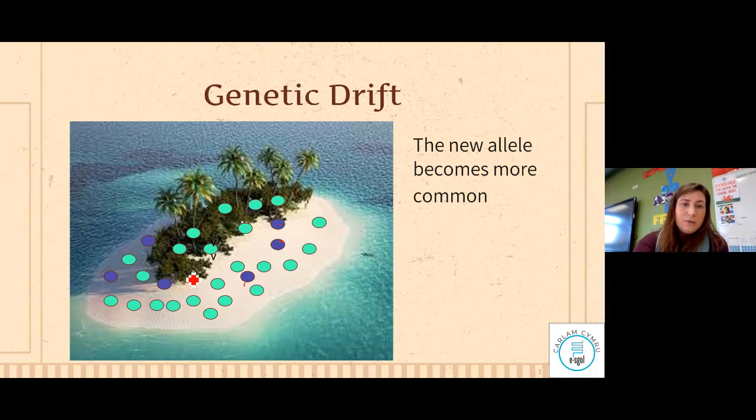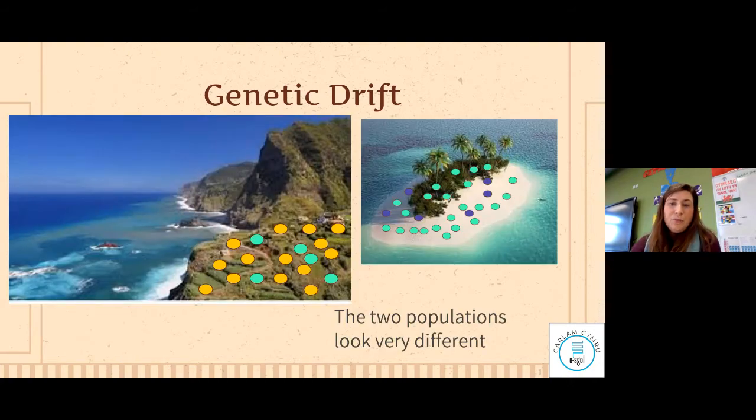As you can see, we've got more with this. And the two populations now look very different to each other. Remembering that the individuals that colonized this section of Ireland, the founder effect, came from this original parental population. So the two populations are now very different.